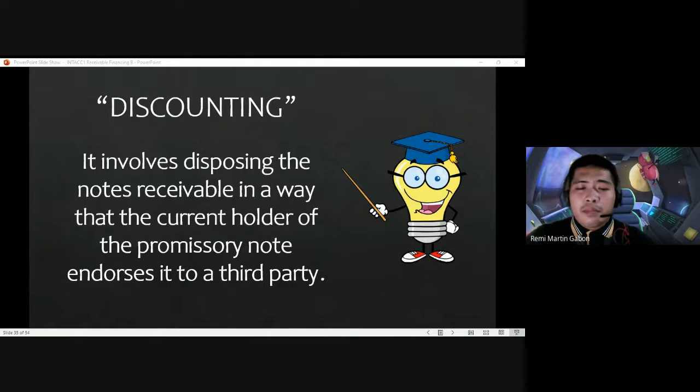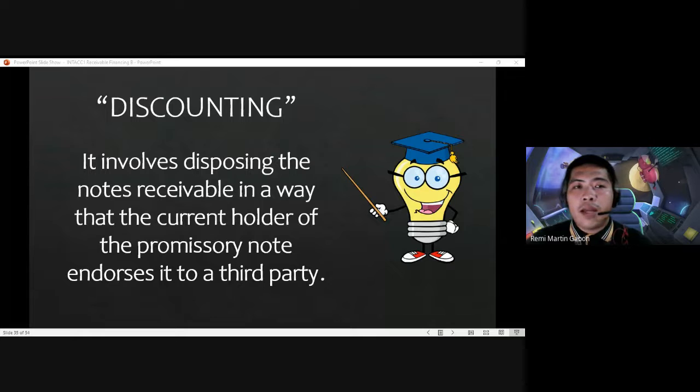The similarity of the first three types, pledging, assignment, and factoring, is that they involve accounts receivable. While discounting is solely related to notes receivable.